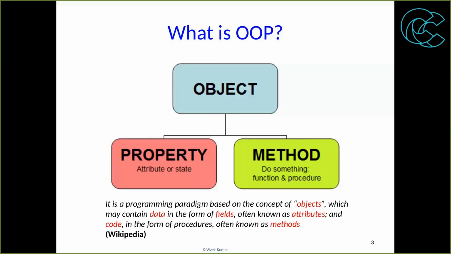The other important term here is the property, which is nothing but the variables in other languages. You have these variables which are part of the object, right? There are several names that you can associate with it: attribute, property, variable, or state. All these terms mean the same.